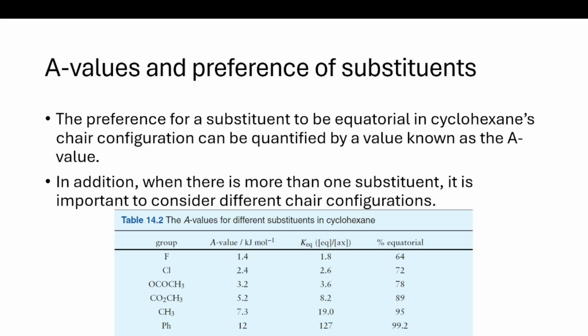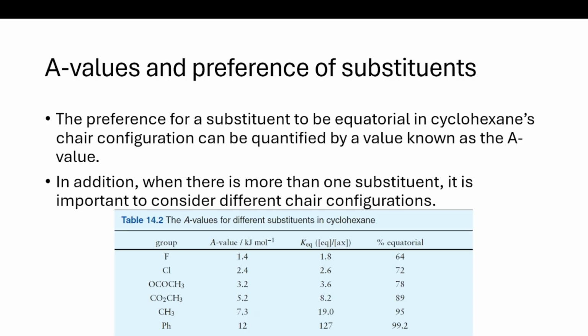Now, some substituents, if we substitute hydrogens for something else in cyclohexane, prefer to be equatorial. And we can quantify that using a value known as the A value. And we can see that the greater the A value, the more often you would find that particular substituent in the equatorial position.